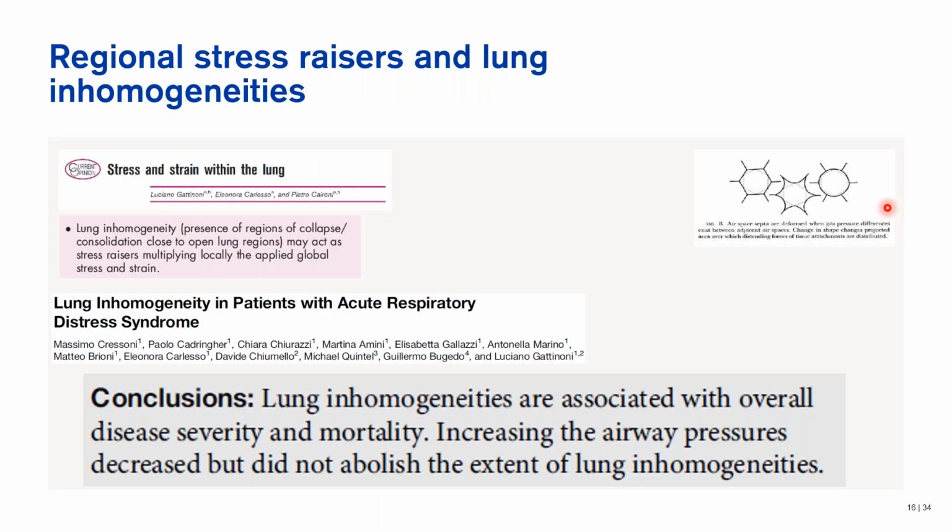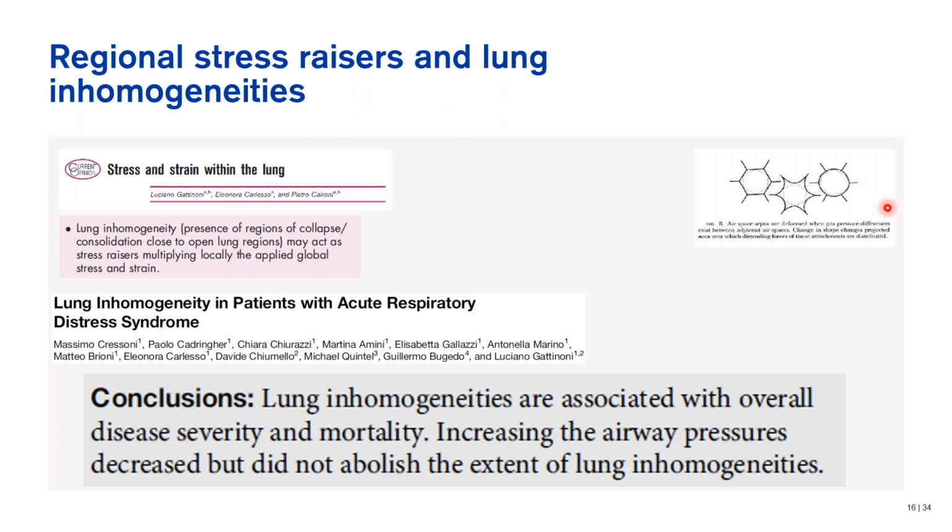And also another interesting study about the regional stress ratios and lung inhomogeneities, also from Luciano Gattinoni's group. They came to the conclusion that lung inhomogeneities are associated with overall disease severity and mortality. And increasing the airway pressure decreased, but did not completely abolish, the extent of lung inhomogeneities.